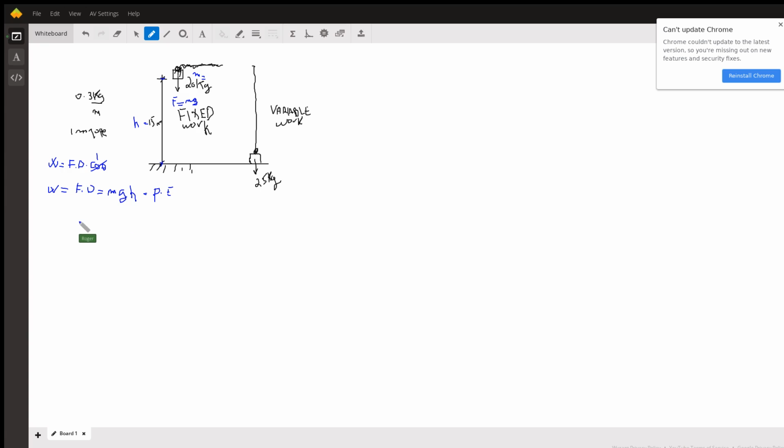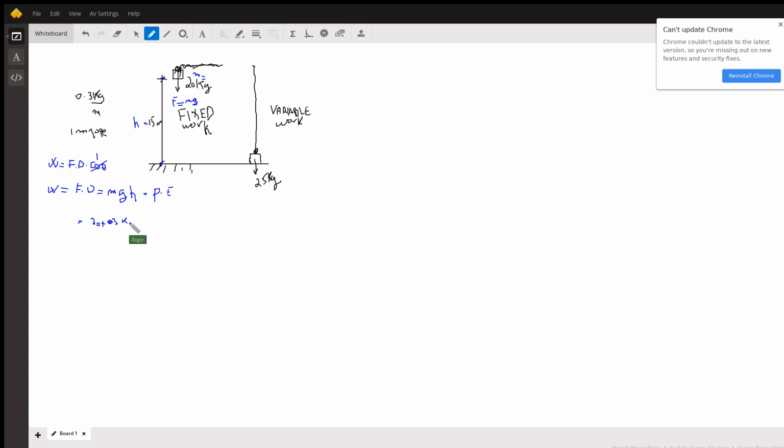Okay, so what is the mass of this thing? Well, you've got 20 kilogram plus you've got the rope that's tied here to the top of the bucket. That's another 0.3 kilogram per meter, and you have 1 meter of rope based on the problem statement. So that's 0.3 kilogram. So your total mass is 20 plus 0.3 kilogram.